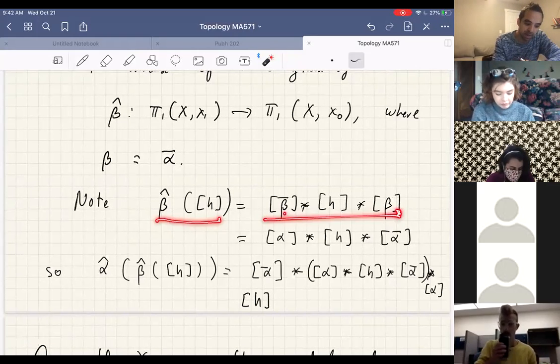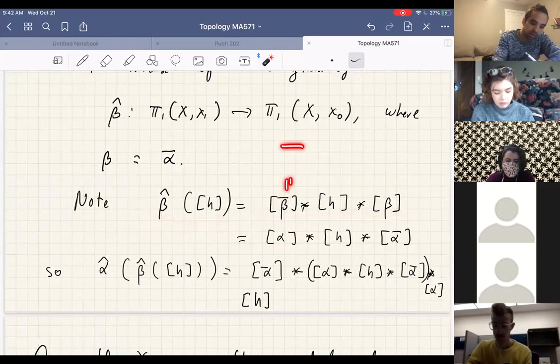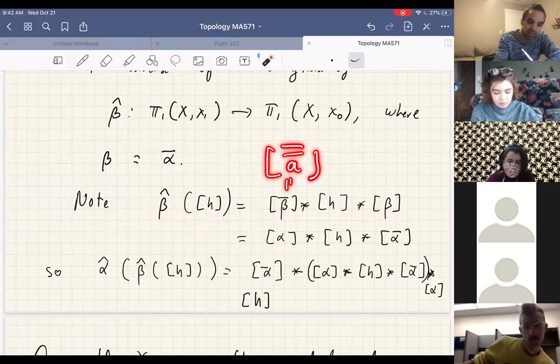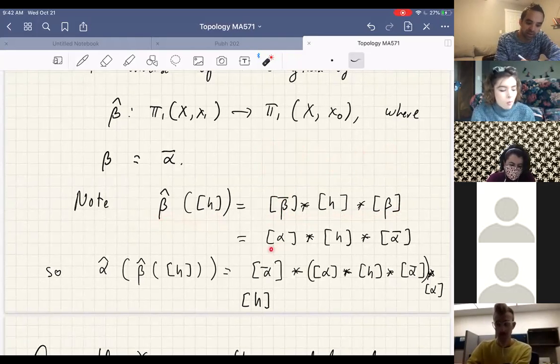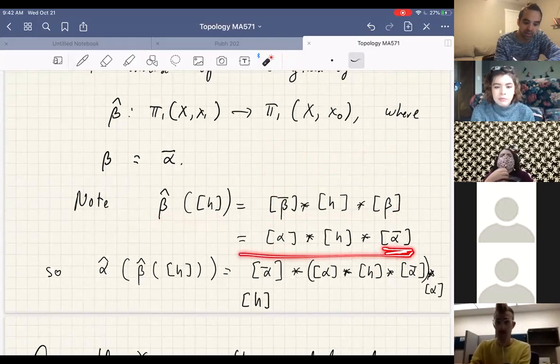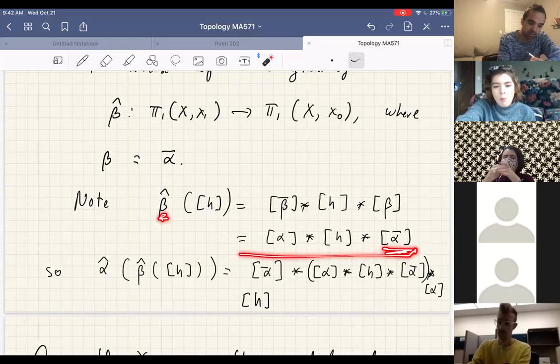But since beta is the inverse of alpha, the inverse of beta is just alpha. I would write it like that, right? That's just alpha. This is alpha bar. So this is what Sophia said, conjugating the other way. So that's what beta does.